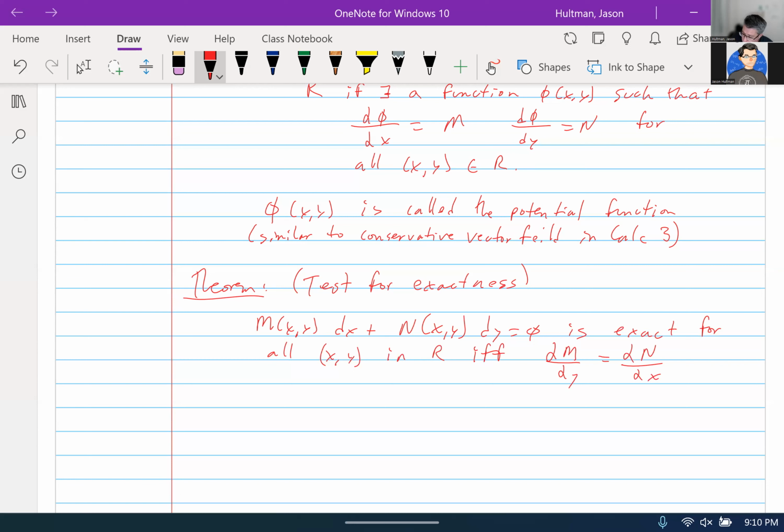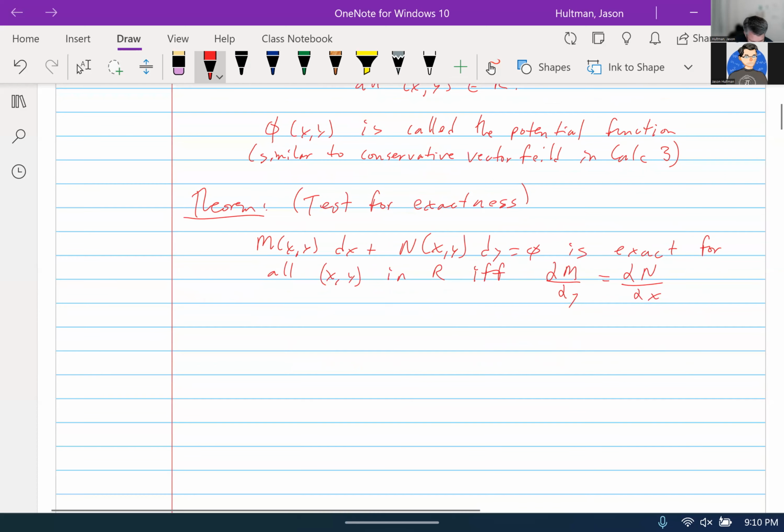So if those two are equal, then it's an exact equation, or what we call in a vector field, a conservative vector field, and there exists a potential function then.